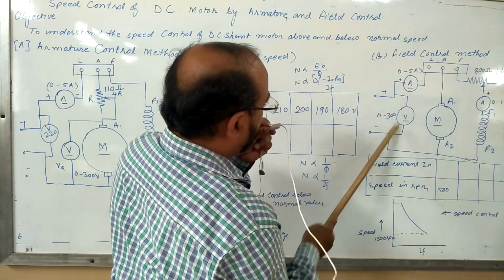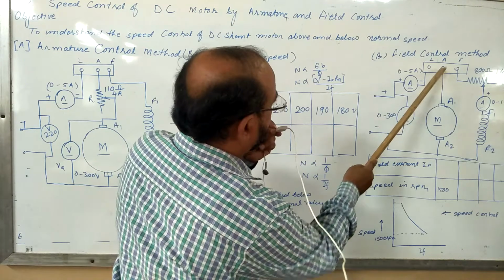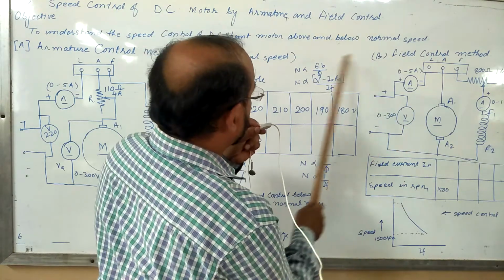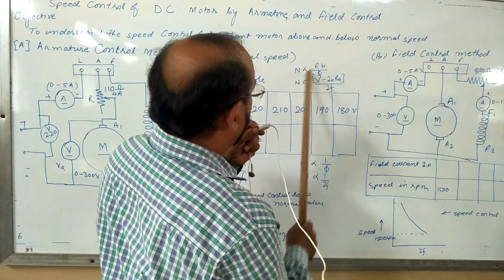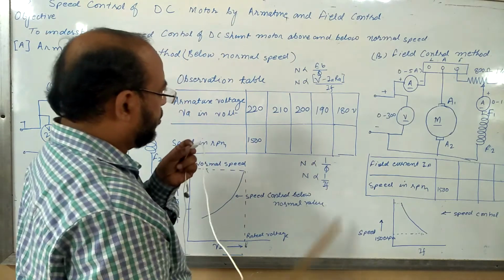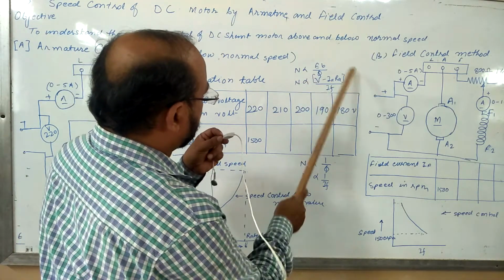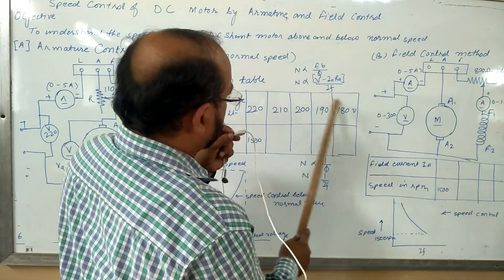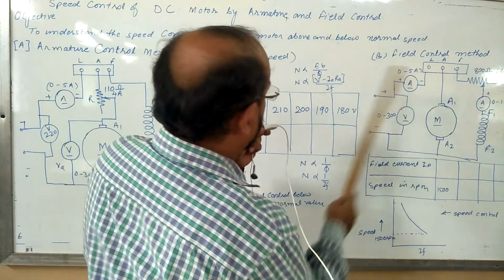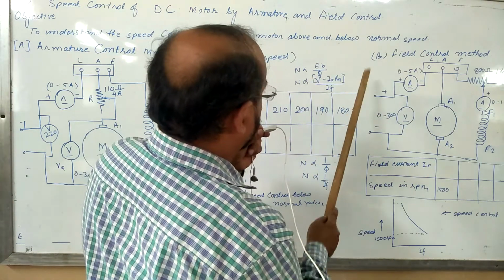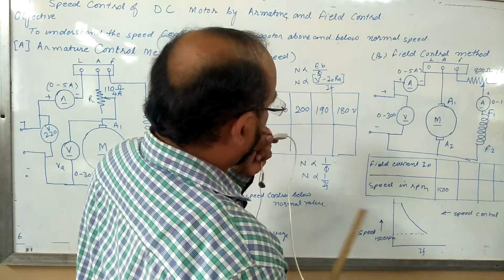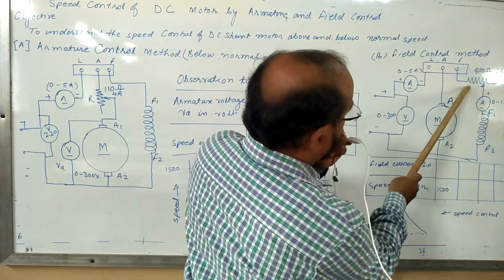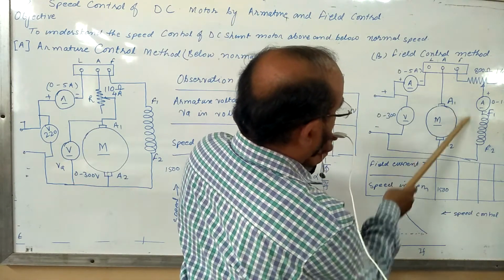The meaning is that the rated voltage is across the armature, so this numerator part is constant. No doubt it may vary, but as the field current changes, this parameter will remain constant. Now we have added a higher resistance in series with the field winding.